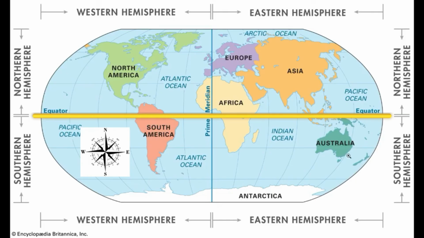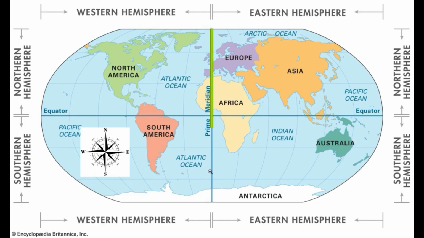You can see that everything that's located south of the equator is located in the southern hemisphere. Here's the prime meridian. And everything that's east of the prime meridian is in the eastern hemisphere. And everything that is west of the prime meridian is located in the western hemisphere.